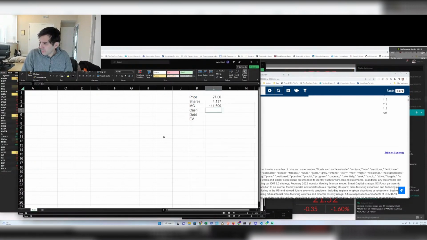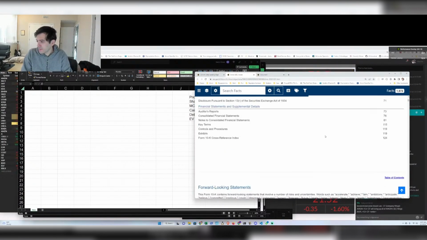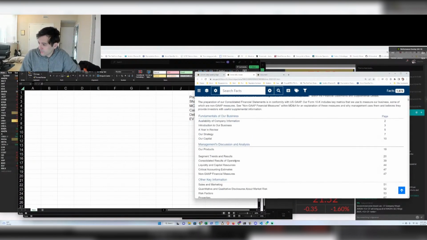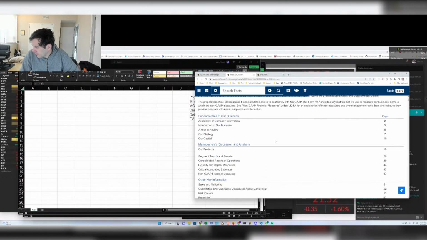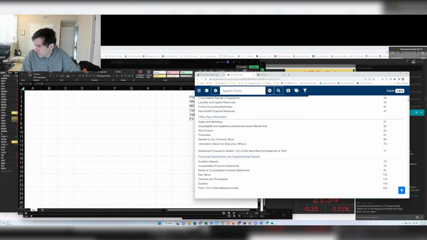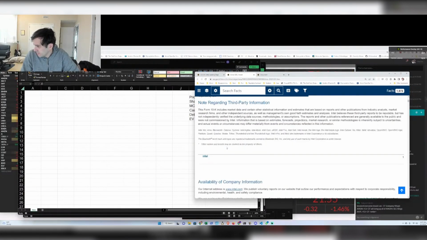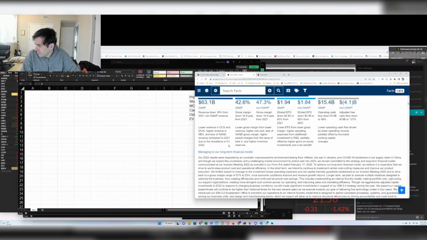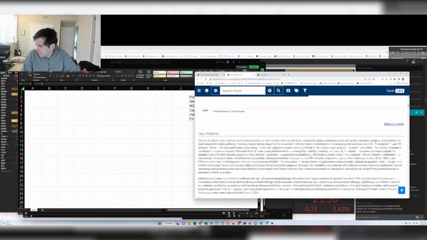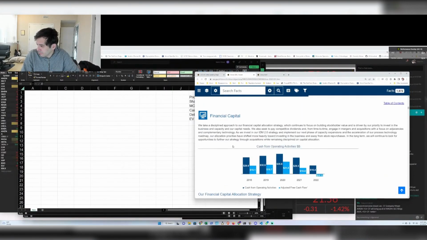So we need to look up their cash and debt. That's going to be on something called the balance sheet, which is one of the 3 financial statements. If you're not familiar with financial statements, you're about to get a world-class introduction. Financial statements are the life of the markets, the language of the markets, the lingua franca.